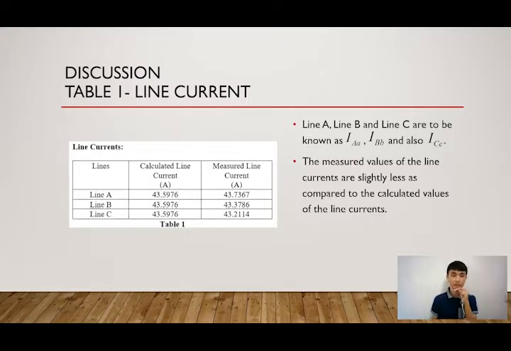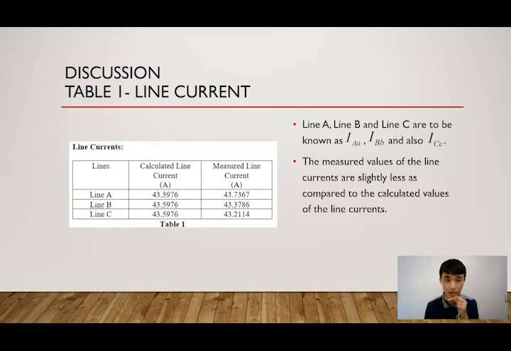So we can see in this table that my calculated line current for line A, line B, line C is the same, which is 43.5976 ampere. But in my PSIM software, I get the value of measured line A as 43.7367 ampere.